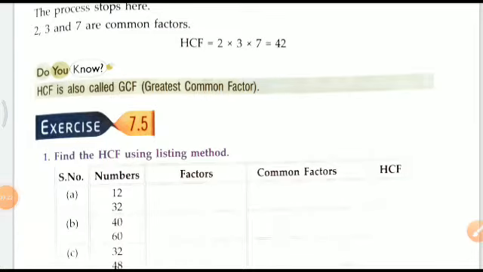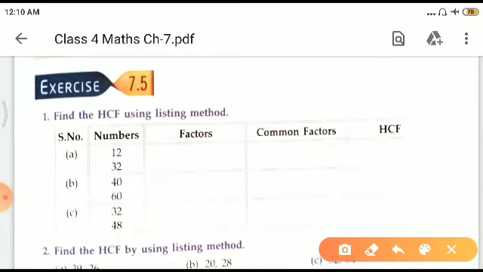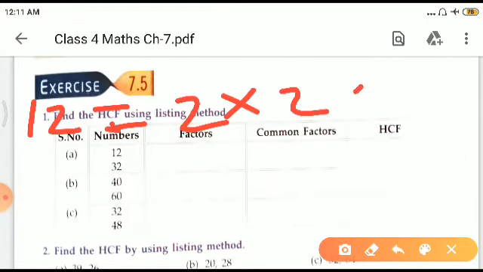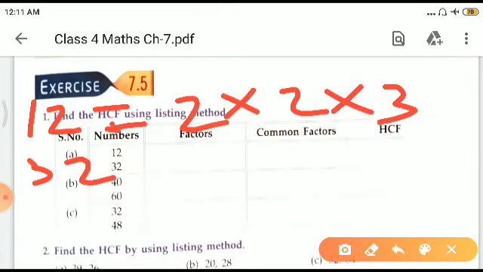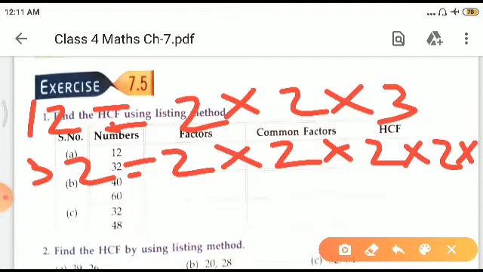Let us try this with one of the questions here. The first is 12 and 32, right? See, for 12, the factors will be 2 into 2 into 3. For 32, 2 into 2 into 2 into 2 into another 2.